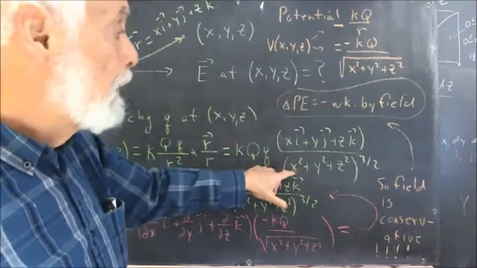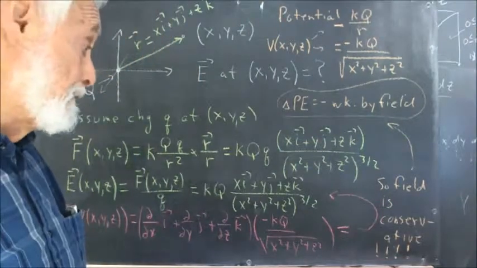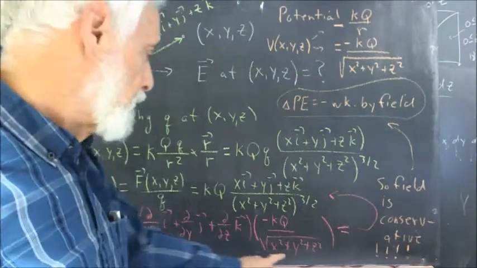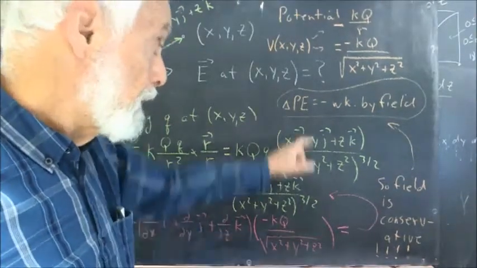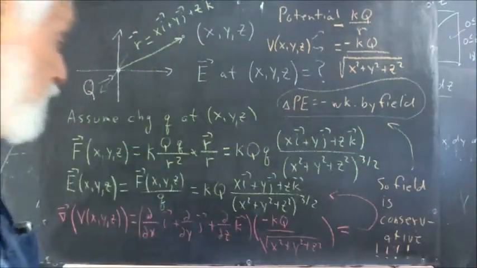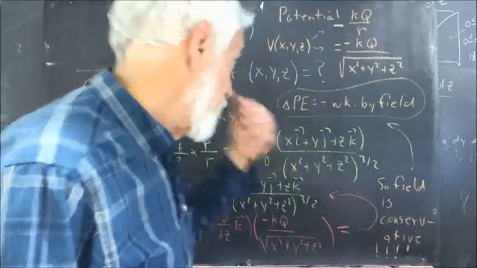We get x i over x squared plus y squared plus z squared to the 3/2. And when we do the derivative with respect to y, we're going to get a derivative of y squared. We're going to get a y over this expression to the 3/2. And same when we do z, so we're going to end up with the z k over this.